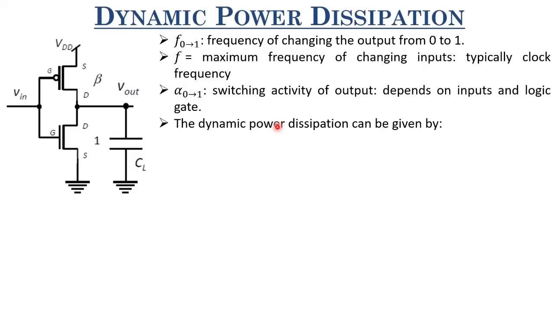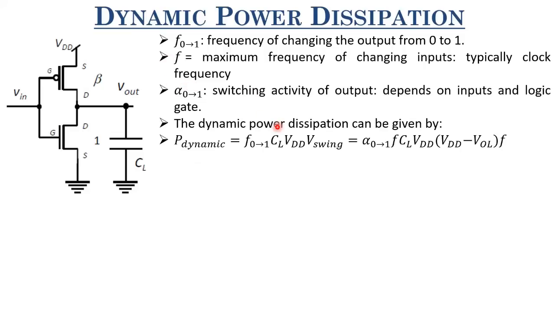And the dynamic power dissipation, we have seen this expression multiple times, is simply given by F0 to 1, the frequency of changing the output from 0 to 1, multiplied by CL into VDD into V swing. Why VDD into V swing? Because the charge equal to CL times V swing is deposited onto this load capacitor from this VDD.